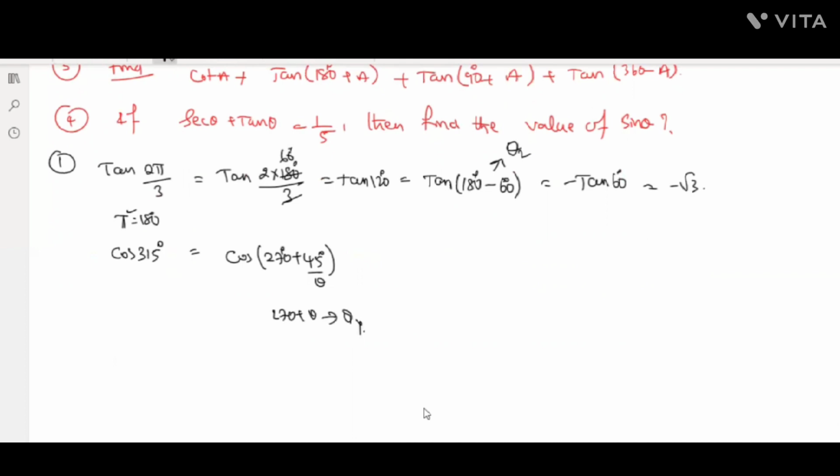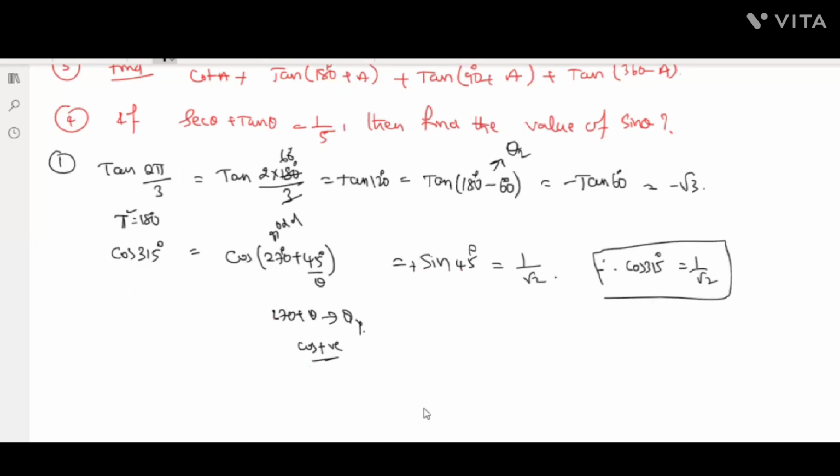In Q4, cos is positive. But it is an odd angle, right? So we change it to sine. So plus sine theta, theta means 45 degrees, which is 1 by root 2. Therefore cos 315 degrees is 1 by root 2.